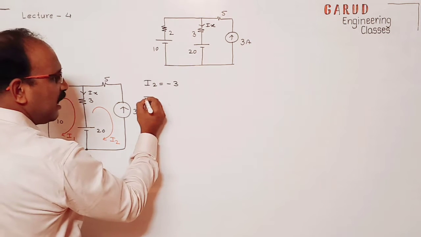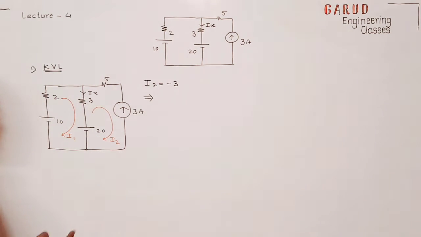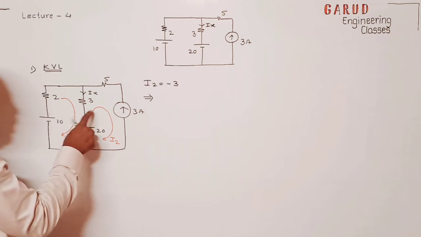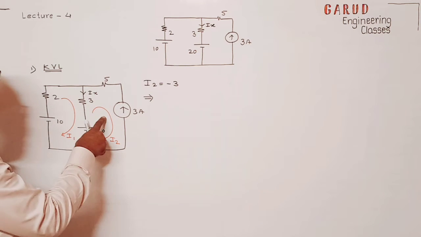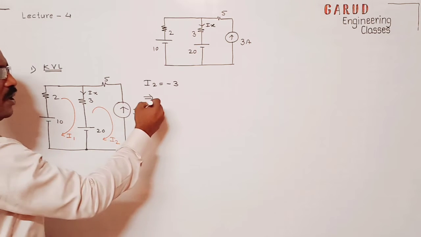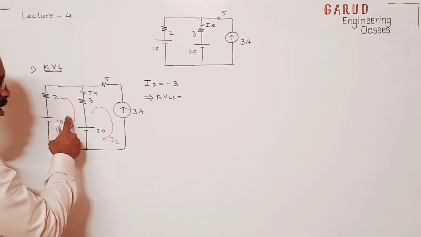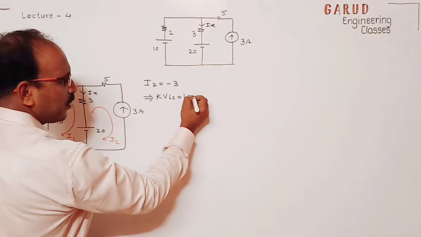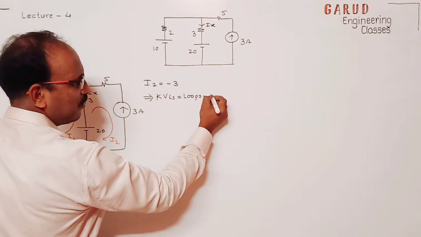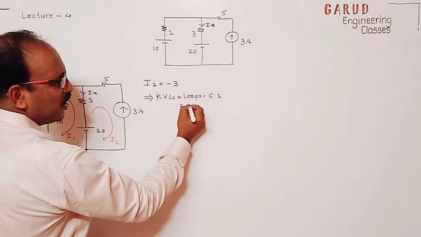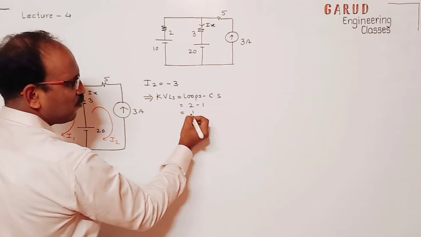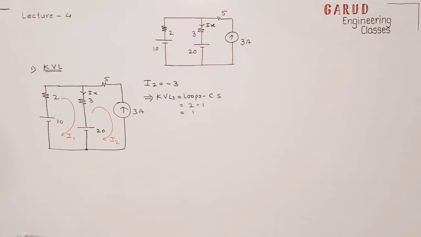Now, how many KVLs are required? If there is a current source, there are actually two loops, but the number of KVLs required equals the number of loops minus the number of current sources. So there are 2 loops minus 1 current source, so only 1 KVL is required. We write KVL in the ordinary way.